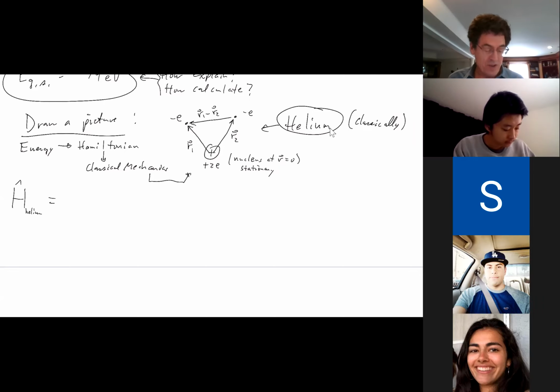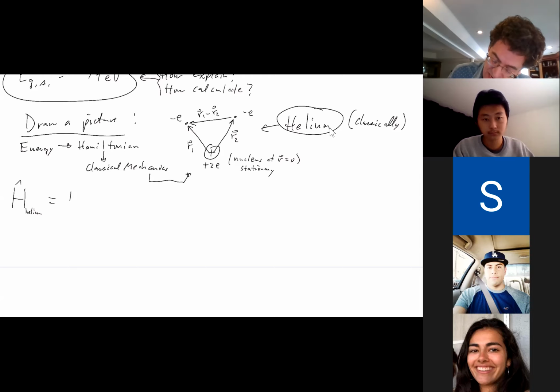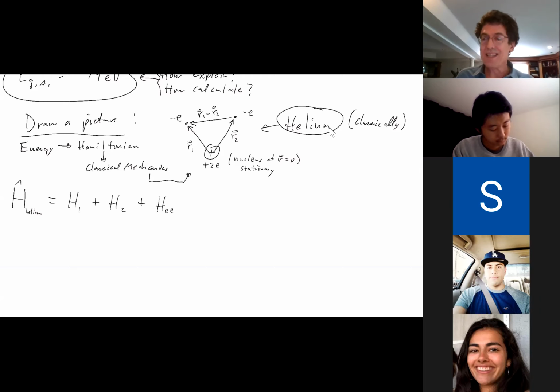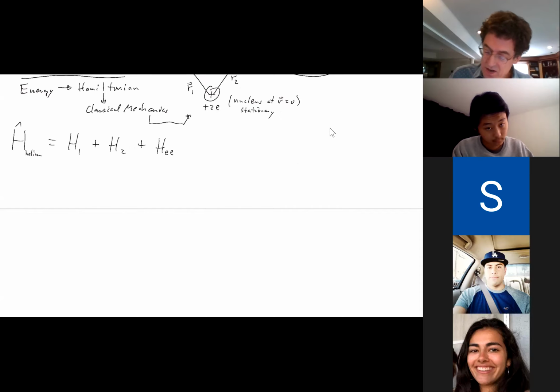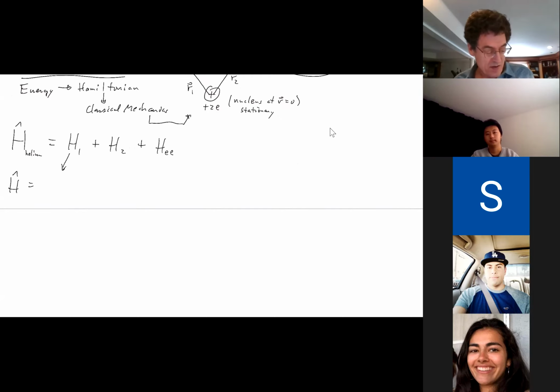It's going to be, I have electron 1, I have electron 2, but I also have the interaction between them. So that's my Hamiltonian. But what are these parts? What is H1? Somebody tell me, what's H1?